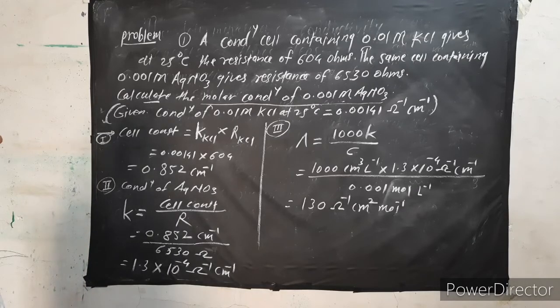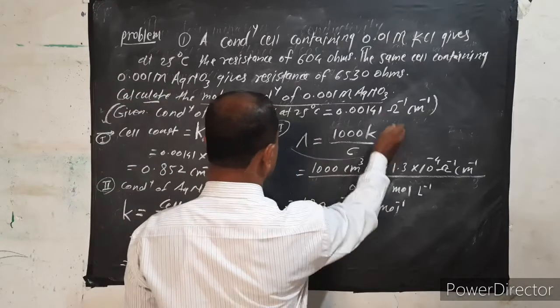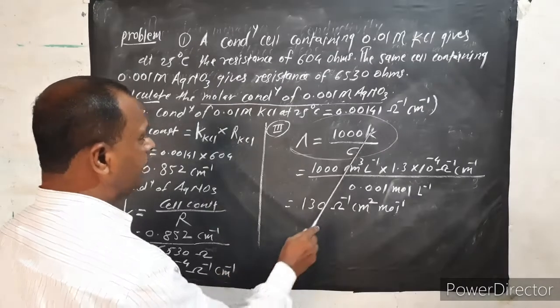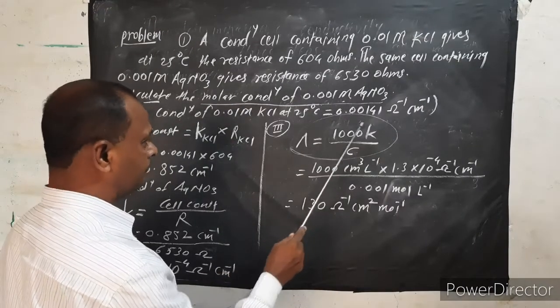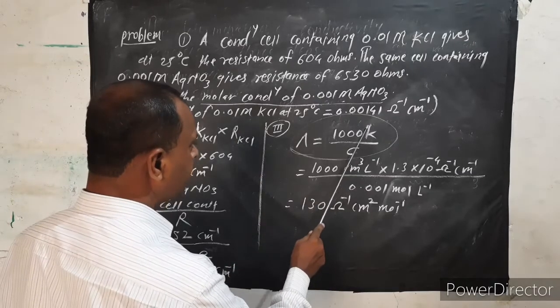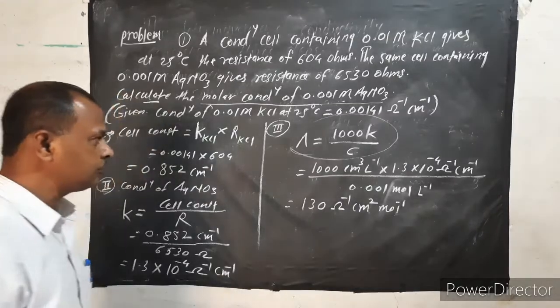Now, what is the molar conductivity formula? The molar conductivity is related to the conductivity of the solution and the concentration. So you should know both the conductivity k and the concentration.